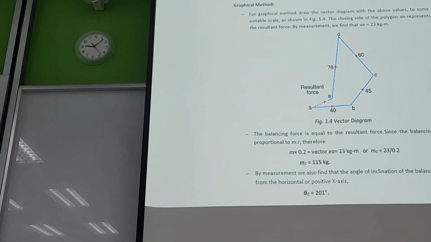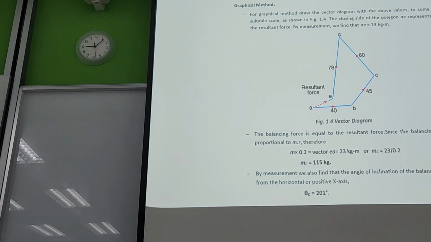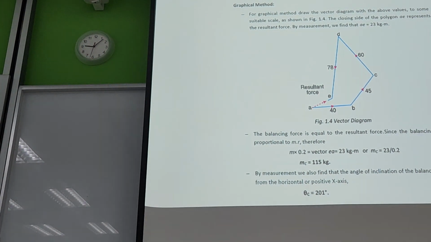Because what you calculate is RC is 0.2. So this 45 one is equal to over 0.2 gives you... the angle, given in the question, 120.